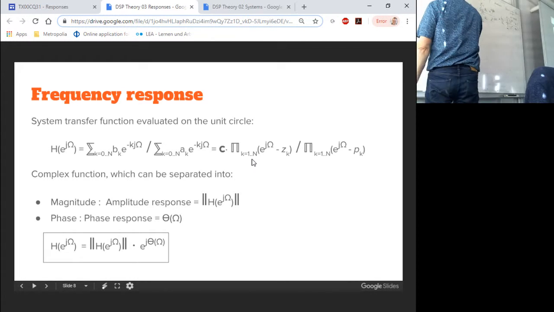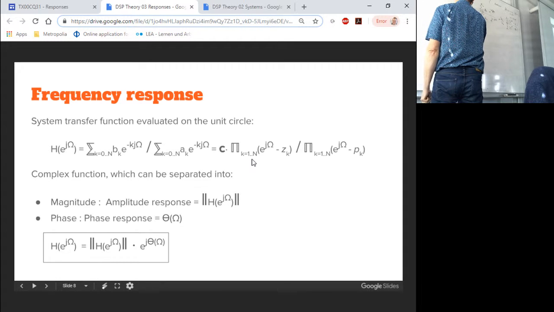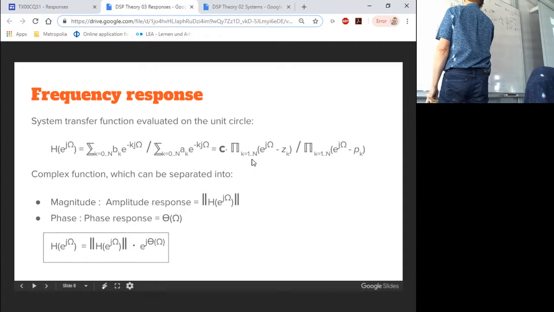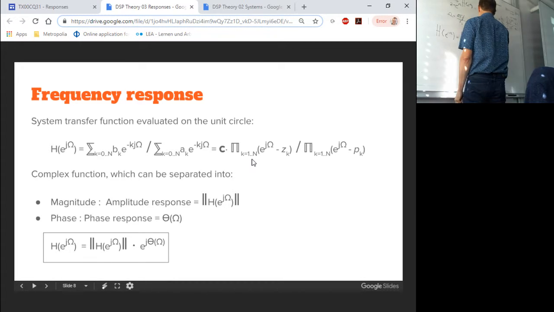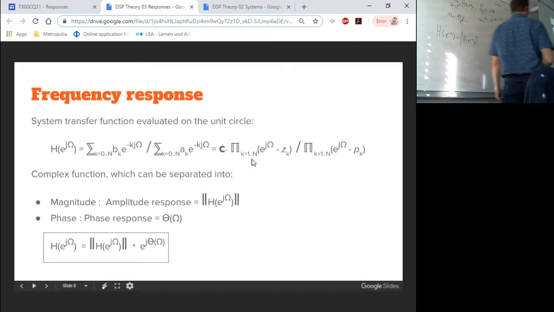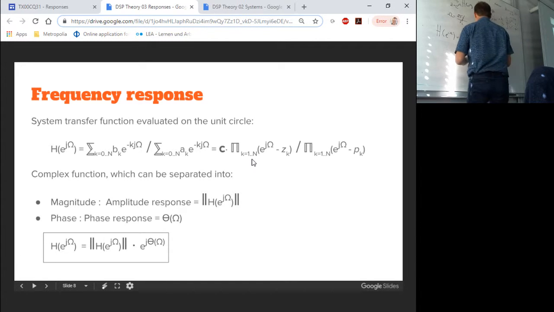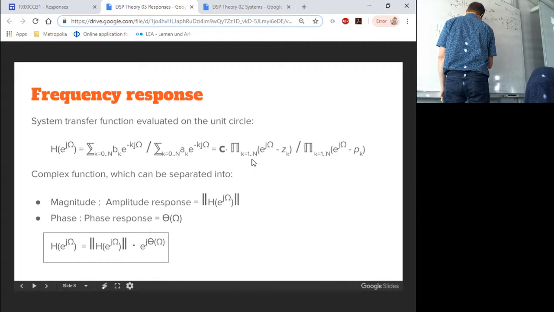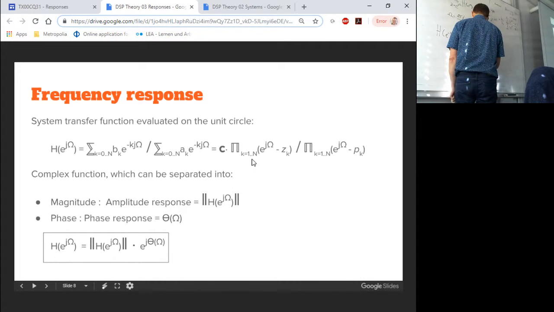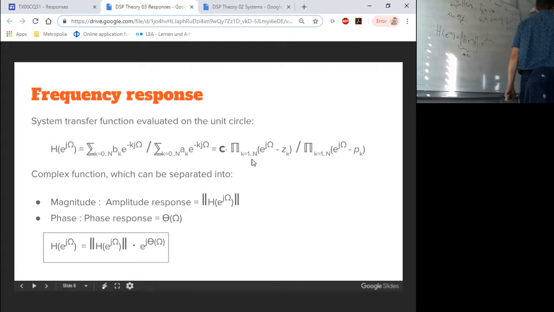And it can actually be divided into two terms, meaning the amplitude part, H of e to j omega, and the complex angle, actually in here, e to j times theta of omega. And this is the amplitude response or magnitude response. MATLAB calls it magnitude response.